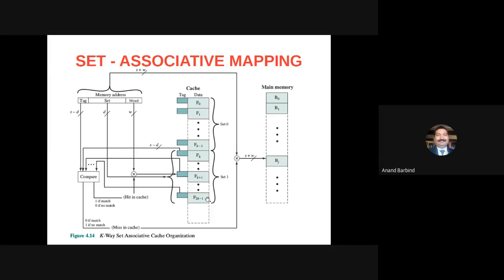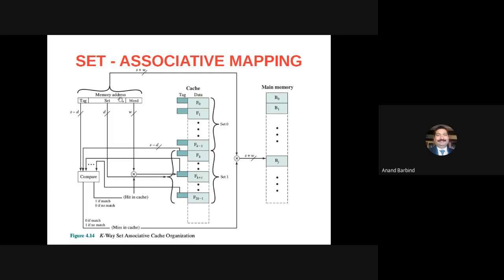The memory address is divided into the word address of W bits, the set address of D bits, and the tag address of S minus D bits. Whenever a word is to be searched in the cache, the set bits are used first to identify the set in which the block may exist.